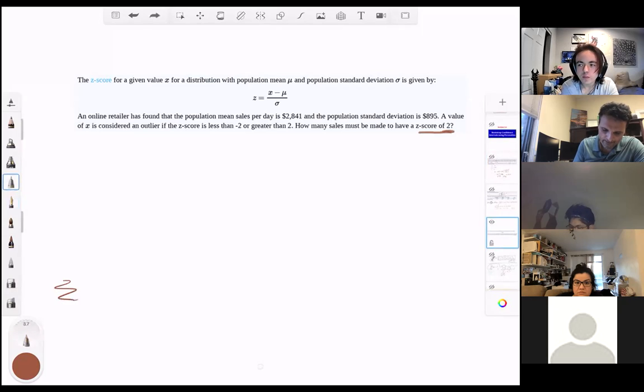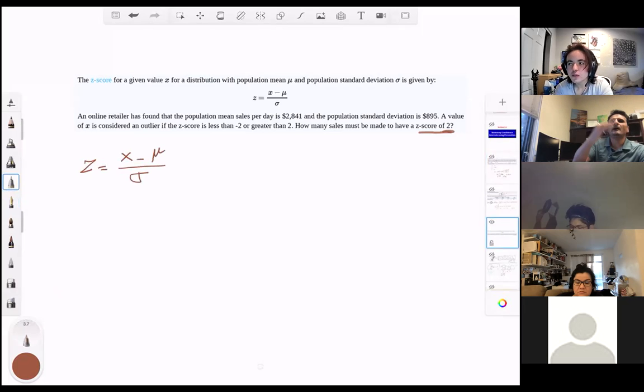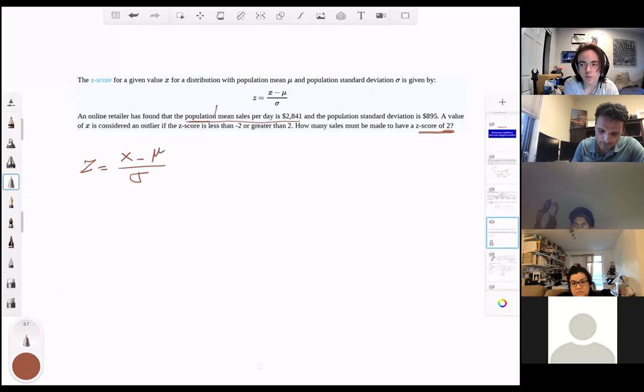We have the formula z equal to x minus mu over sigma. By now, all of them should make sense to you. But if not, that's okay, because they said population mean is 2000. So population mean, so we are talking about mu, correct?